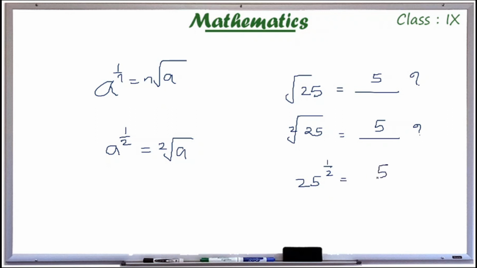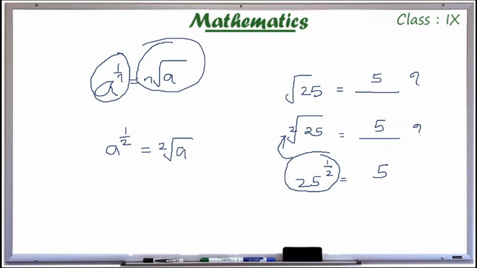It is also 5, because any number raised to 1 by 2 means it is the 2nd root of that number. So both are same. 25 raised to 1 by 2 and 2nd root of 25 are same.